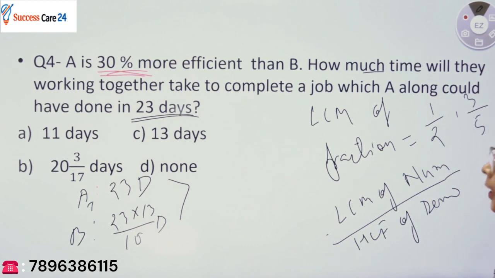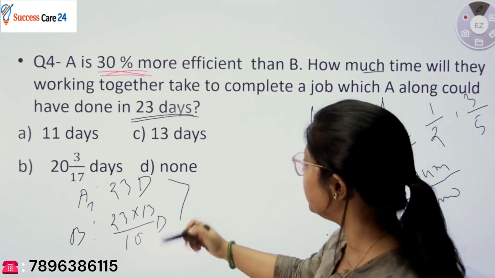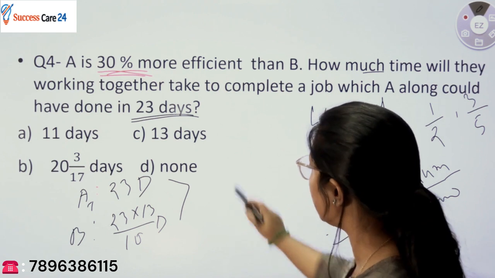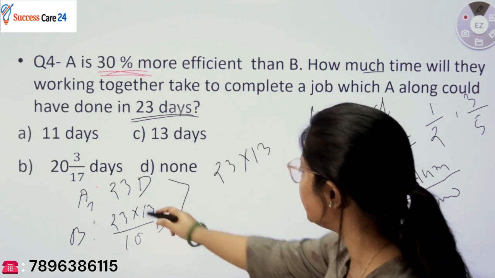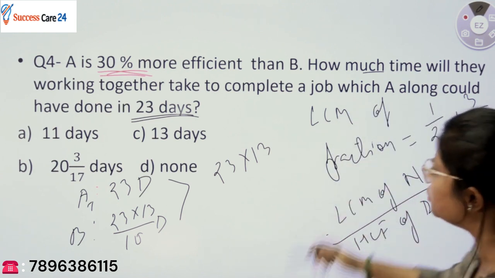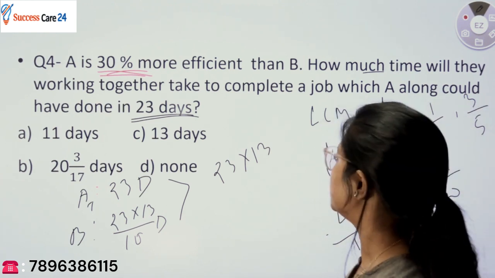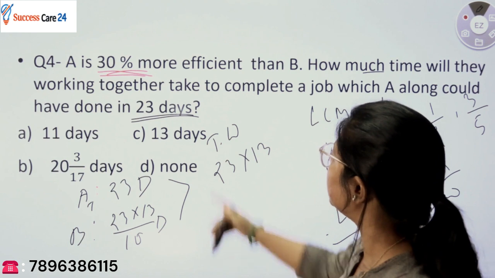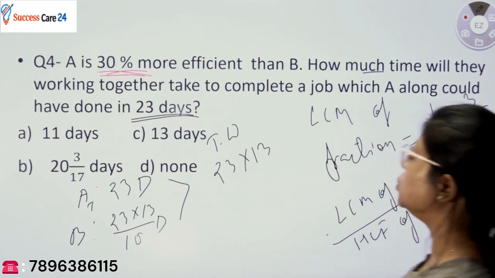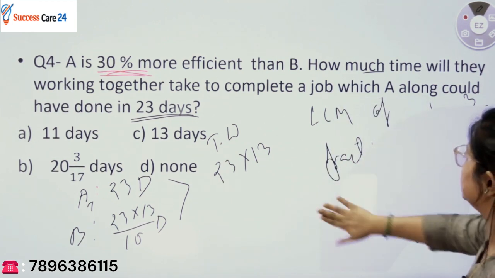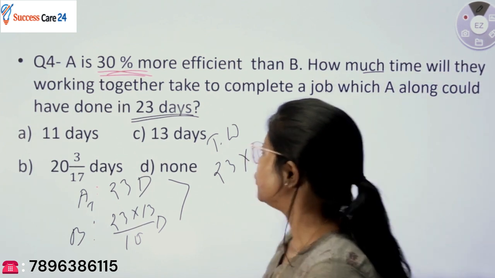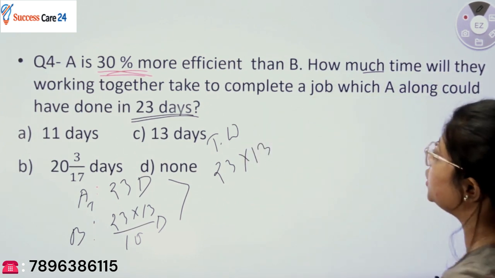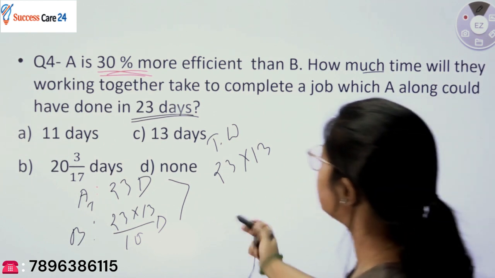So if I take the LCM of the numerators, the LCM would be 23 into 13. And the HCF of the denominators would be 1 only. So the total work is 23 into 13. Now we just find the efficiencies.